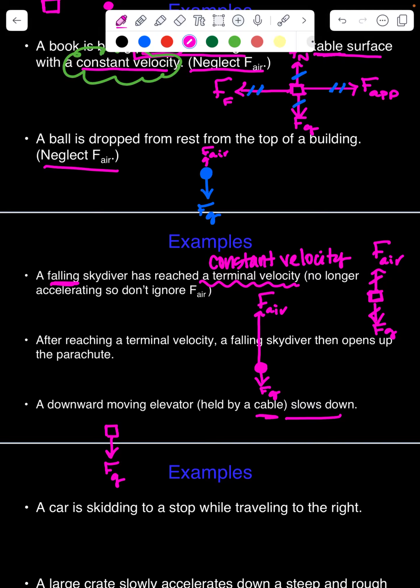So there has to be a force that's working against gravity, and we know that force is coming from that cable. So that cable is providing a tension force. And if the elevator is slowing down as it goes down instead of speeding up, we know that that tension force is much greater than that gravitational force.